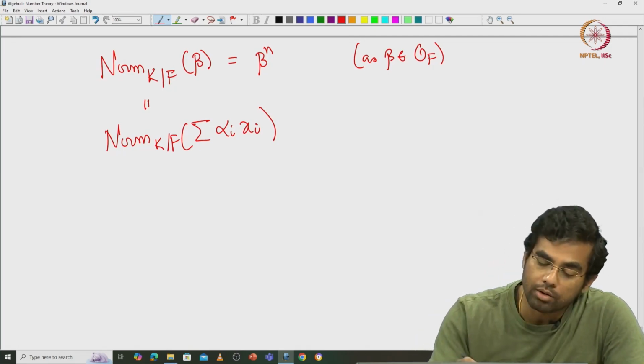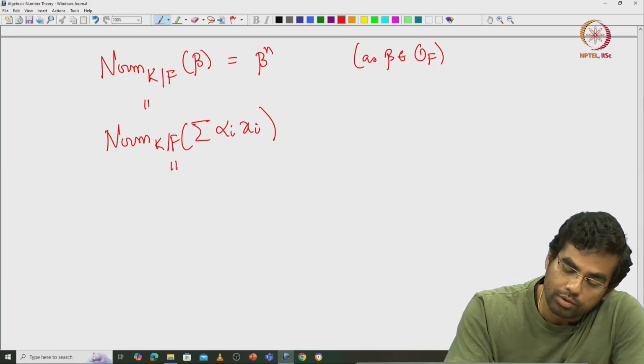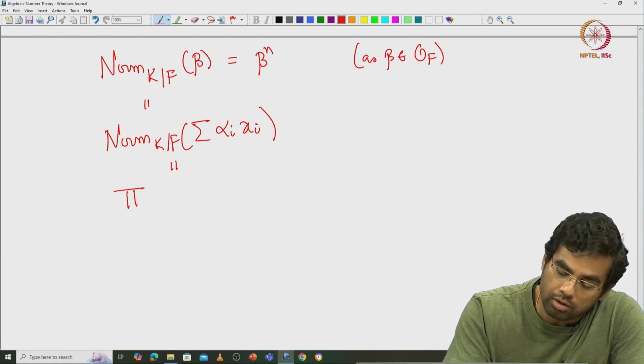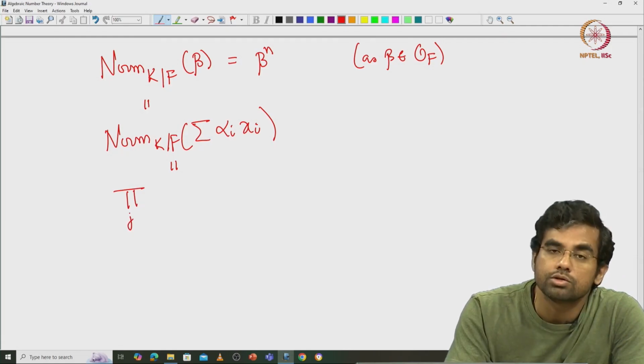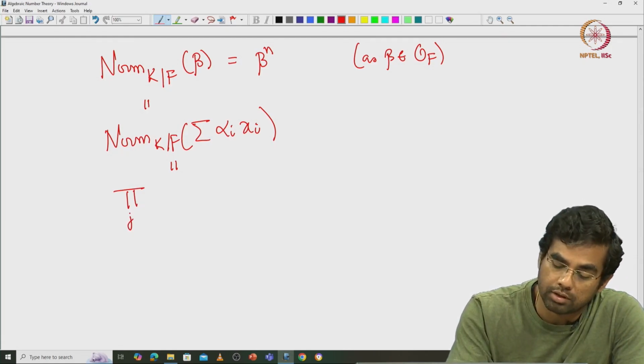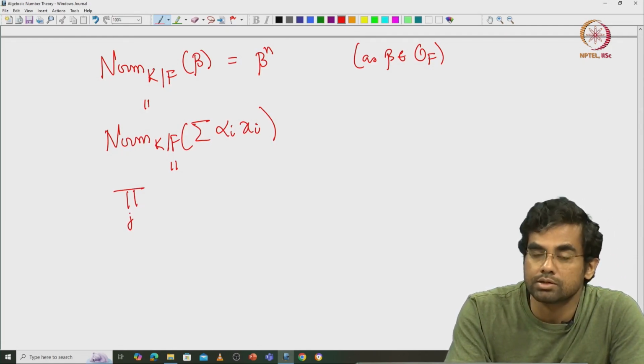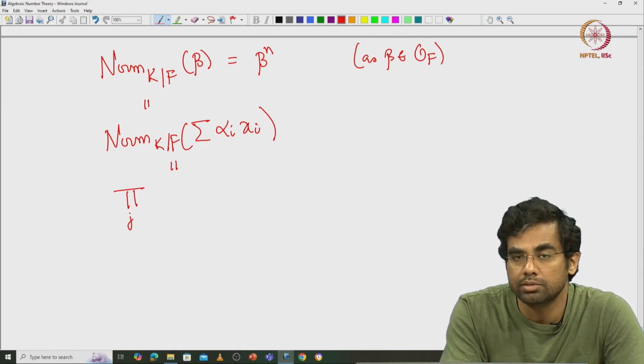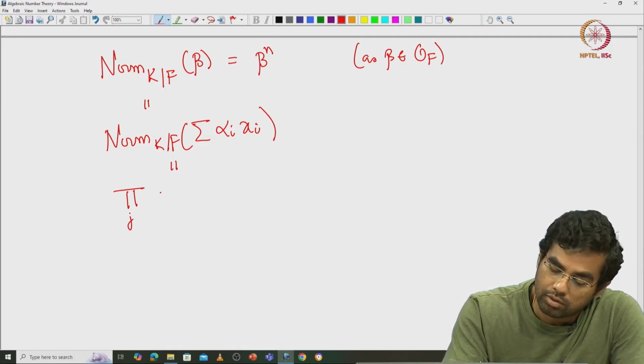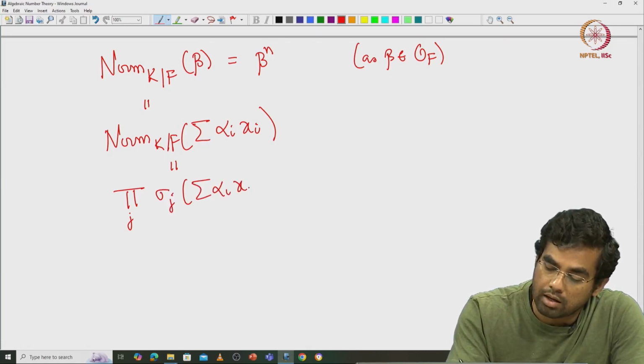So, how do you write norms? How do you define norms? We define the norm as a product over j, where j varies over all embeddings of K into the complex numbers that fix F, sigma j, of the summation alpha i xi.